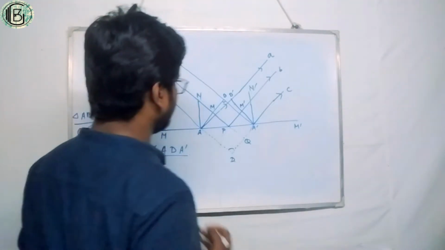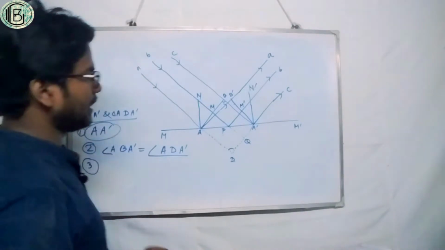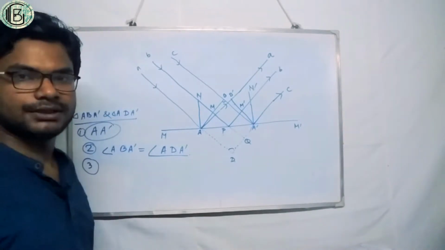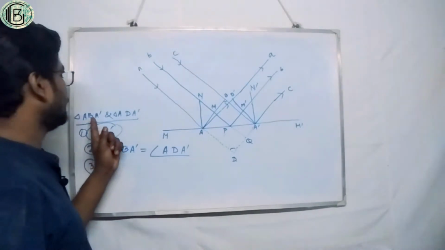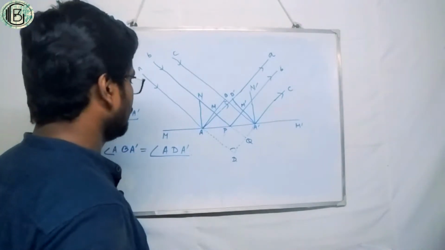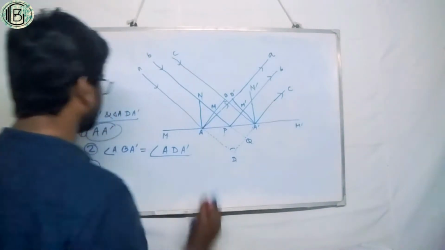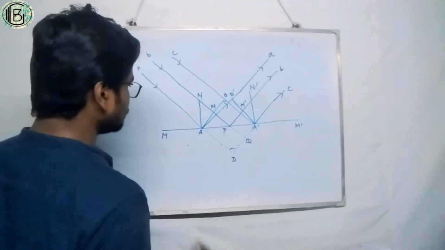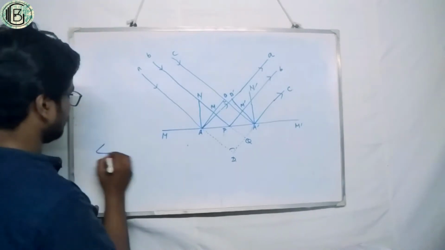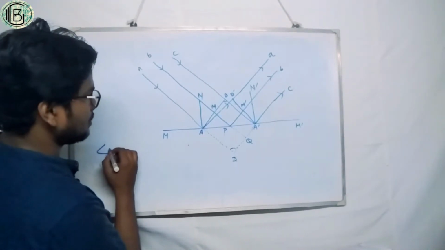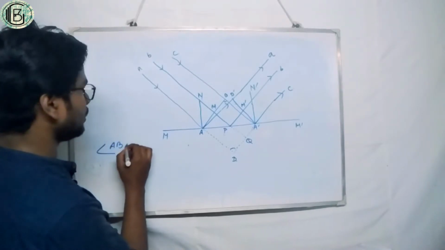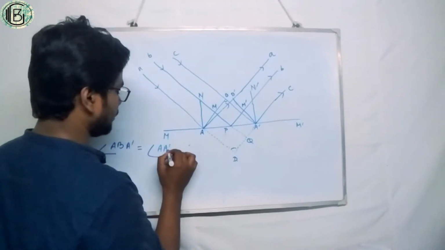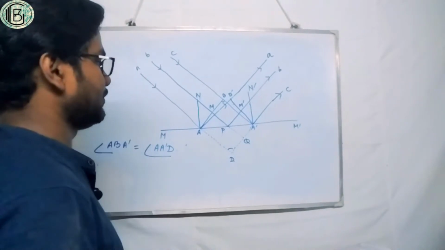So it is easy for us to say that triangle A D A prime is equivalent to triangle A B A prime in all respects. So if these two triangles are equivalent, then angle A B A prime equals angle A A prime D in all respects.